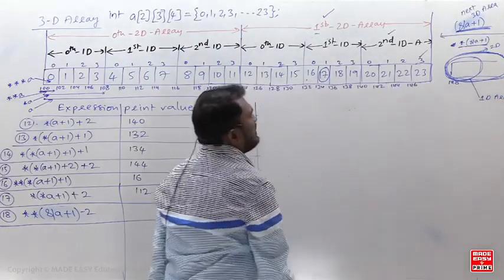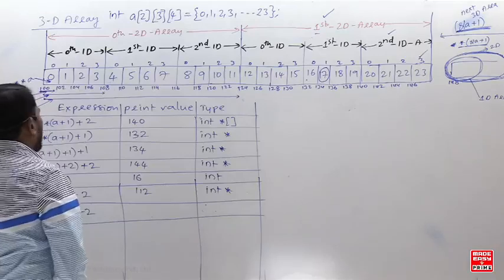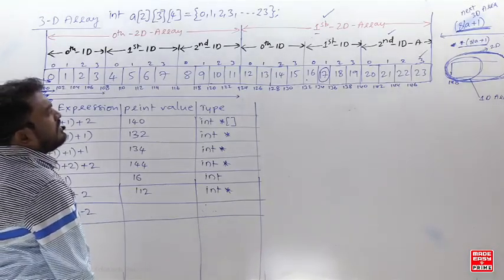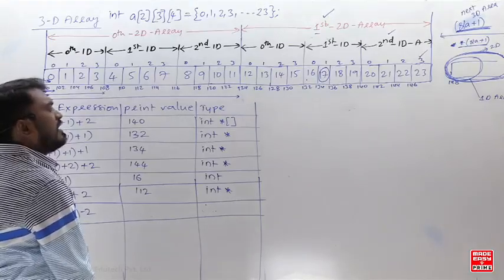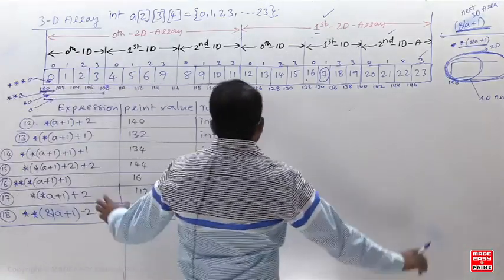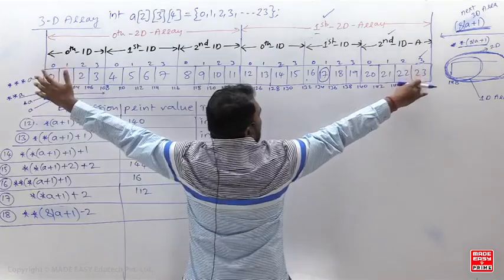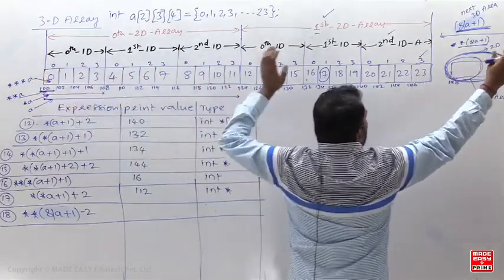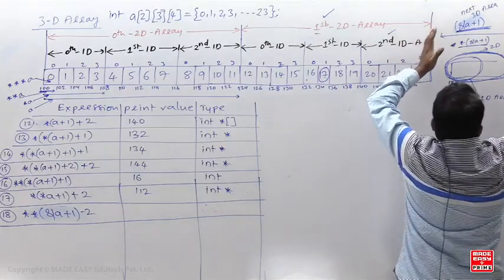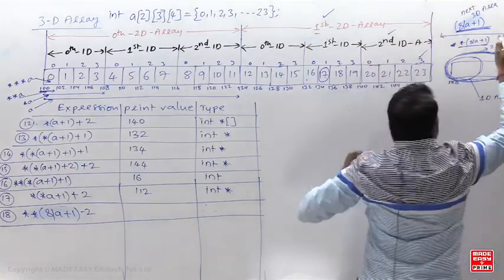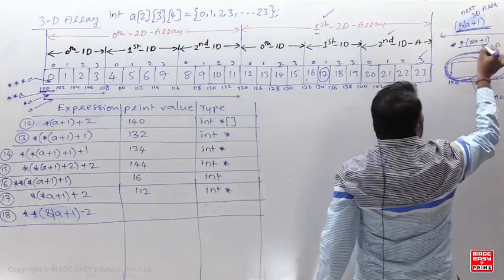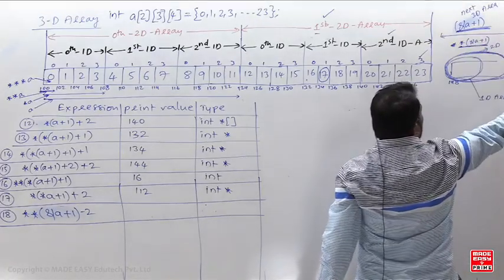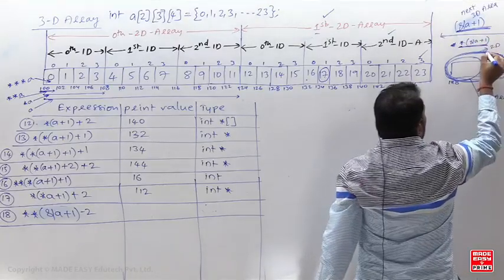Right, this one is clear now. Ampersand A plus 1 is the next 3D array. I applied one star, so it points to the next 3D array's content. Going inside the 3D array gives the 2D array.